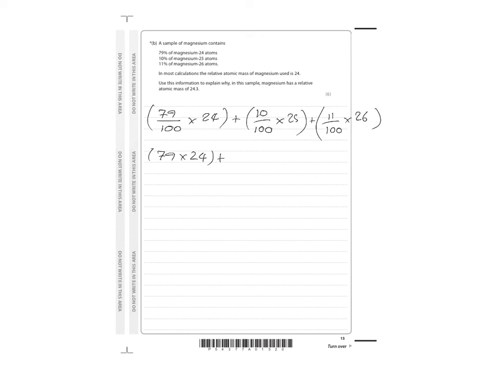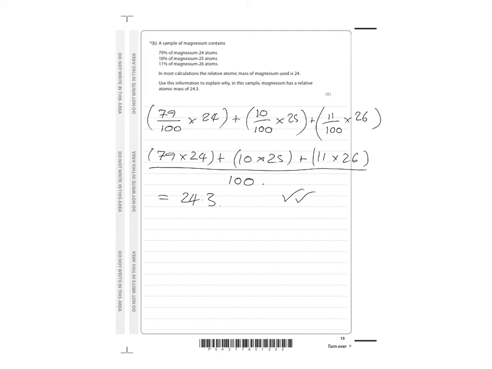So if you put down something like this: 79% of 24 plus 10% of 25 plus 11% of 26, which is the same as 79 times 24 plus 10 times 25 plus 11 times 26 all over 100 equals 24.3.